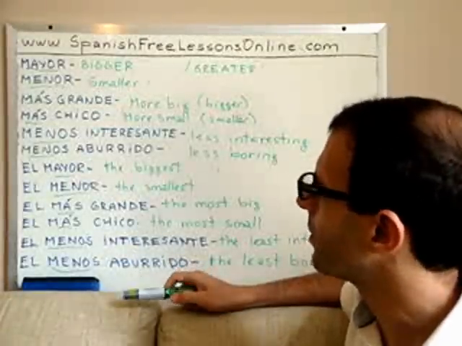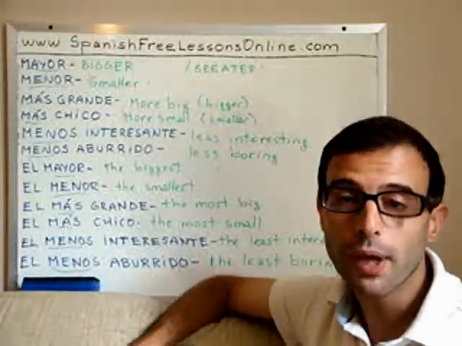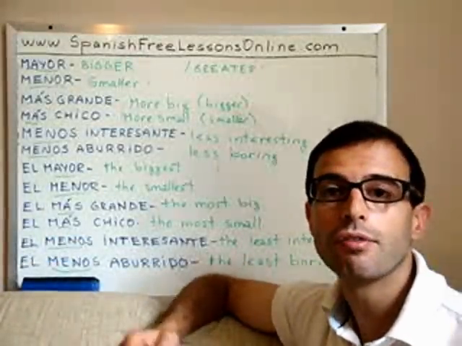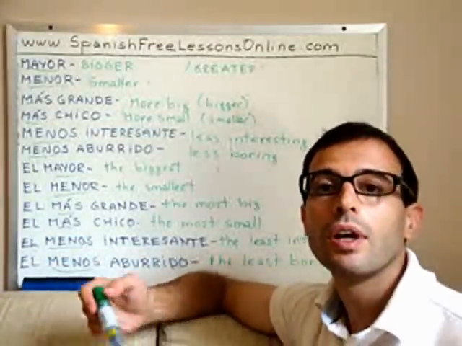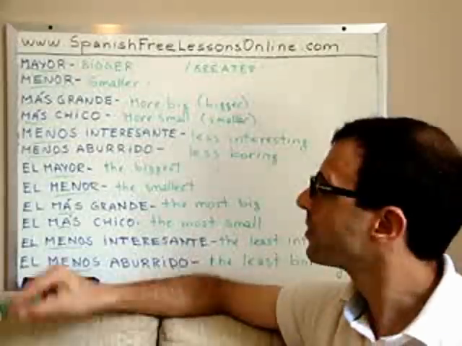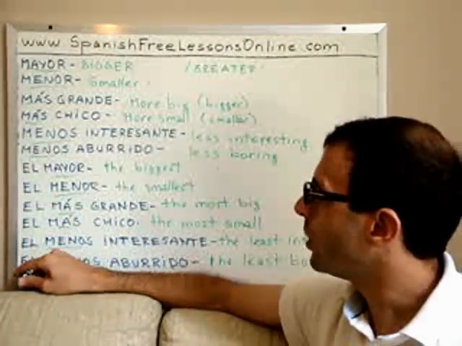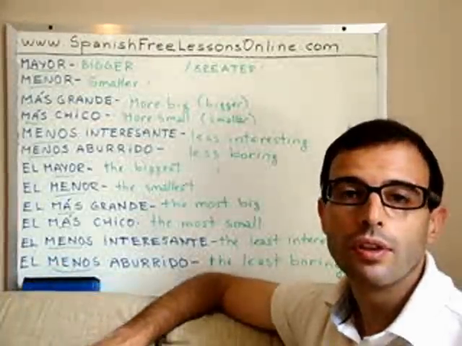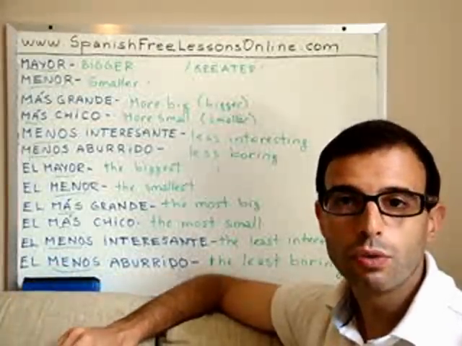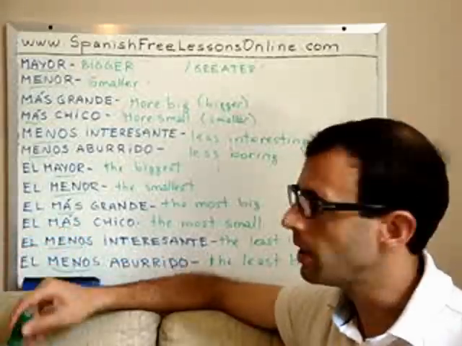So you add the article, but also remember that in Spanish, since you have the feminine, the masculine, the plural articles, the singular articles, you have to be aware of the object you're referring to when you say the least or the more, the most, okay?